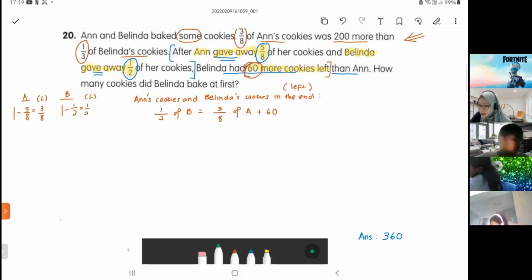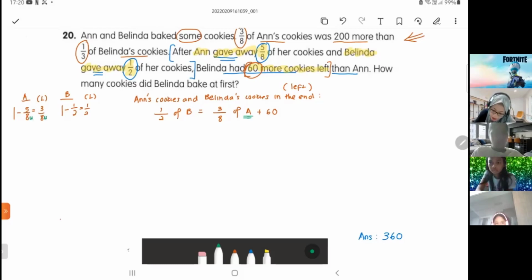Okay? So I have this. Half of B is equal to 3/8 of A. Okay? Now, I want to know 3/8 of A. What is Anne's cookies then? If you look at Anne's, 8 units. This is what she has, right? This is our total units of cookies for Anne.